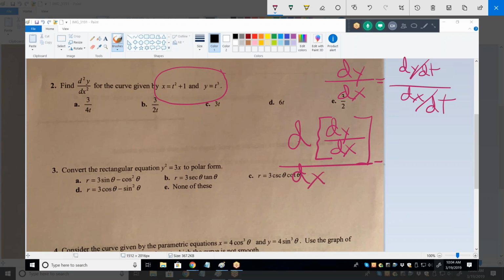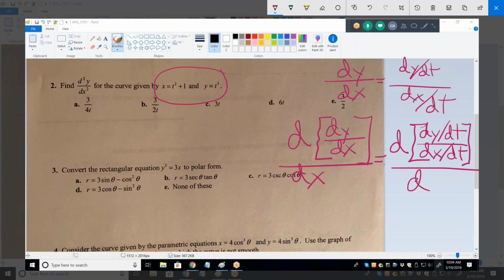Well, that means it's the derivative of this over here on the upper right, dy dt. You got to watch your fraction bars here. They tend to do it slanted so they don't get all mixed up. Okay, so this is going to be our answer.